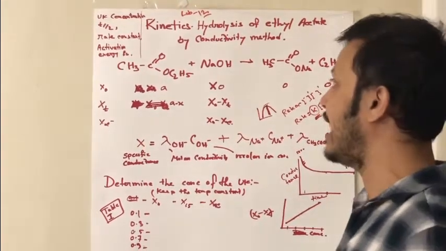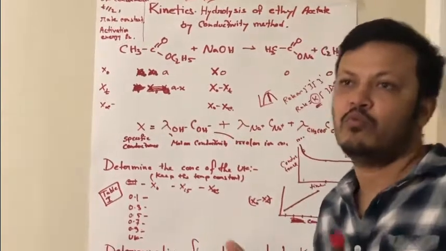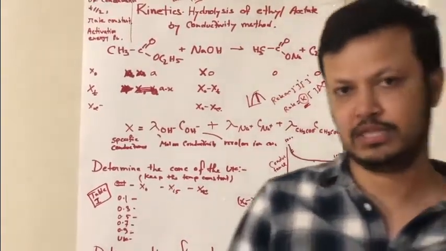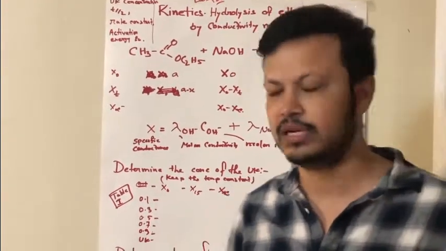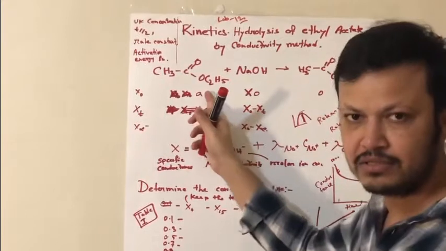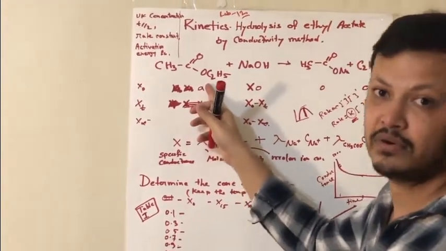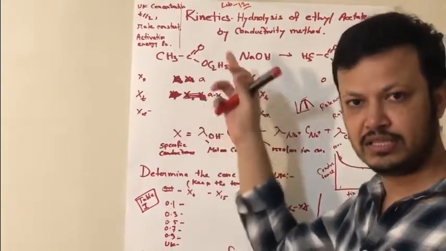As you know, what is responsible for the conductivity? The ions are responsible for the conductivity, right? So among these two, which has the ions? Does ethyl acetate have any ions? No, it doesn't form any ions, so it will not give any conductance for this reaction.